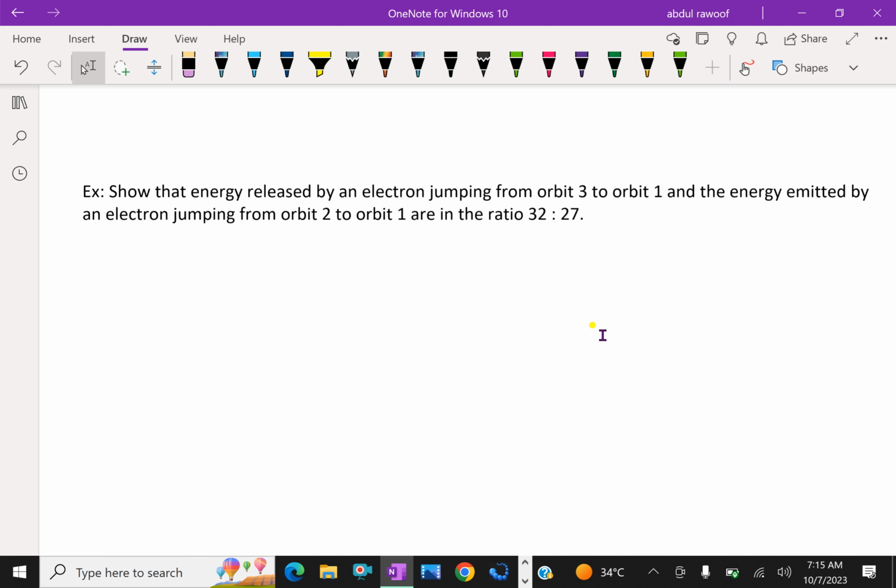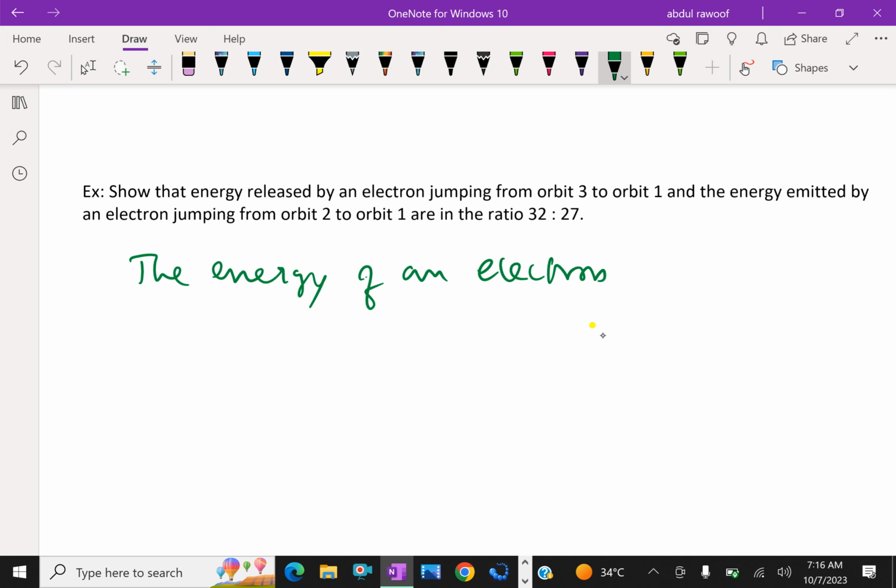The energy of an electron in the nth Bohr orbit is given as En.